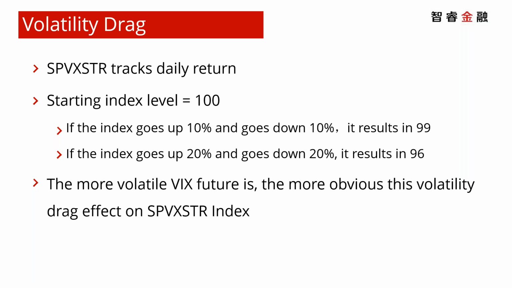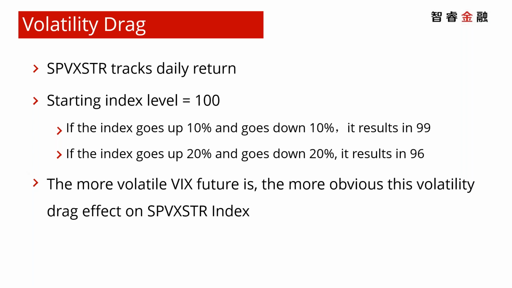But if the index goes up 20% and then goes down 20%, it results in 96. So it's like 120 times 0.8. This means that the more volatile the VIX future is, the more obvious this volatility drag effect will be on this SPVXSTR index. So the three factors combined.